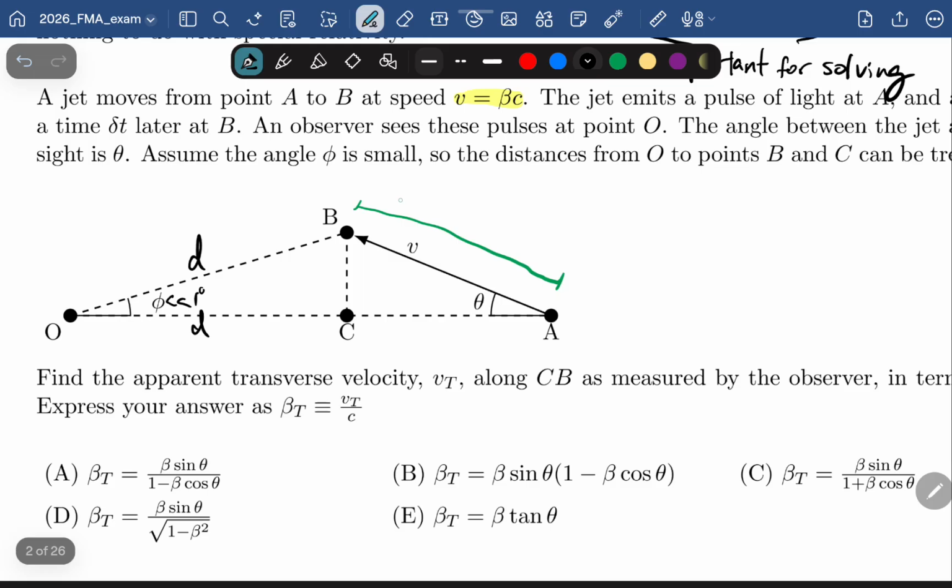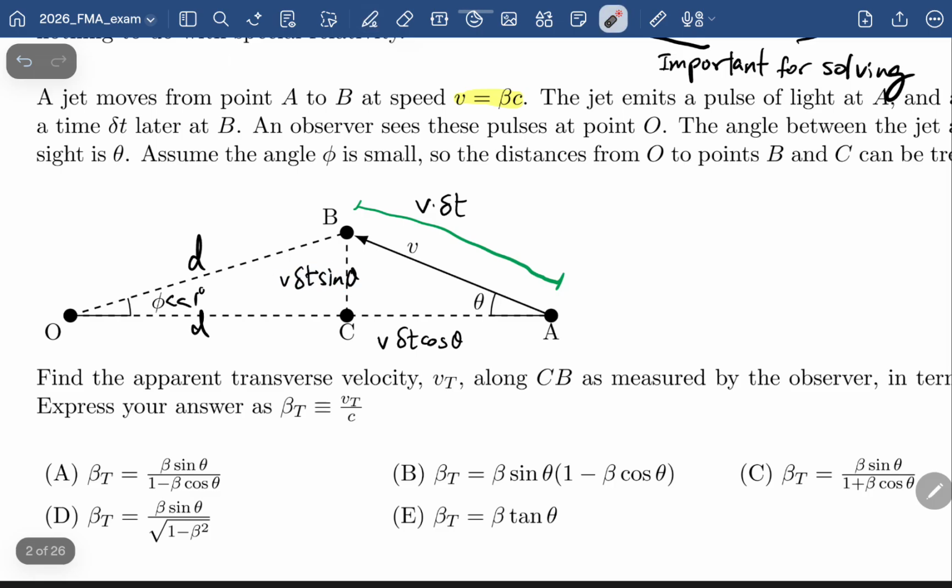Well, that's easy: just v times the change in time. Let's also find AC. AC is just v delta t cosine theta, the component, and then BC is the vertical component, which we will need for the transverse velocity.